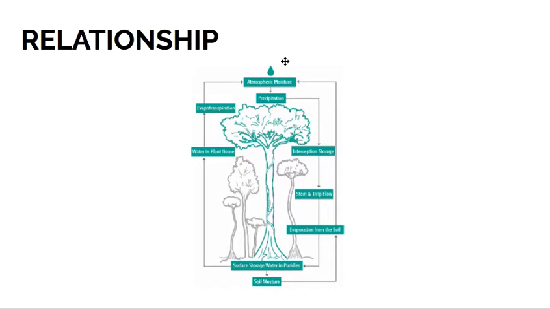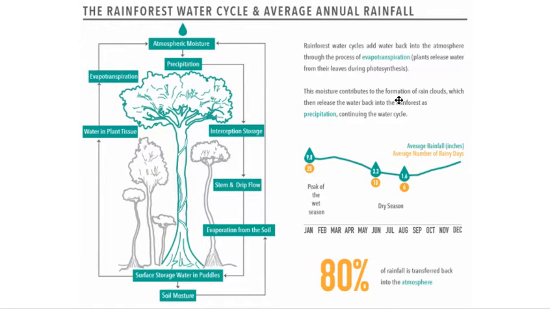So you'll see here we start up with atmospheric pressure, which points down to evaporation from the soil, precipitation, and storage. So it's moving from this top section here downwards, at which point it'll come back up through evapotranspiration. And here's just a closer look of what that relationship display actually looked like on the final infographic.